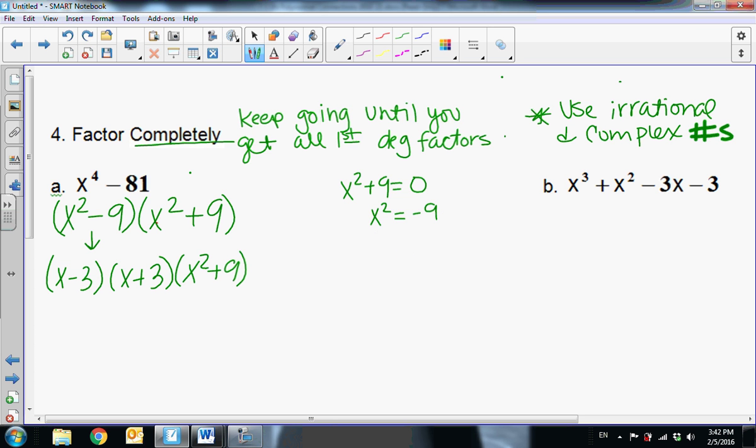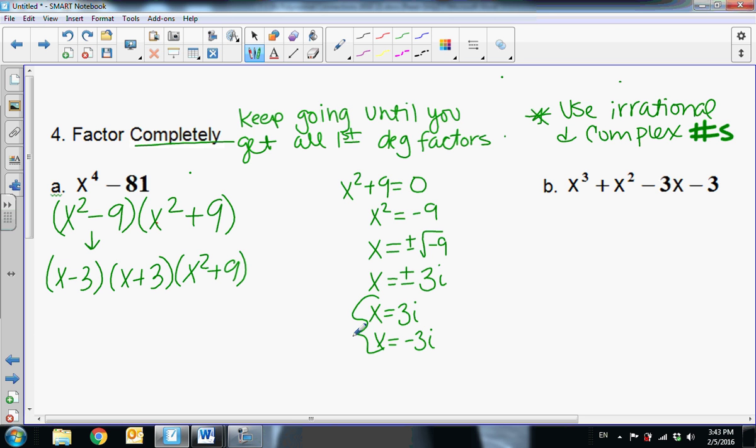So x equals plus or minus the square root of negative 9. What is the square root of negative 9? 3i. So plus or minus 3i. So that tells me that one of my roots is 3i and one of my roots is negative 3i.